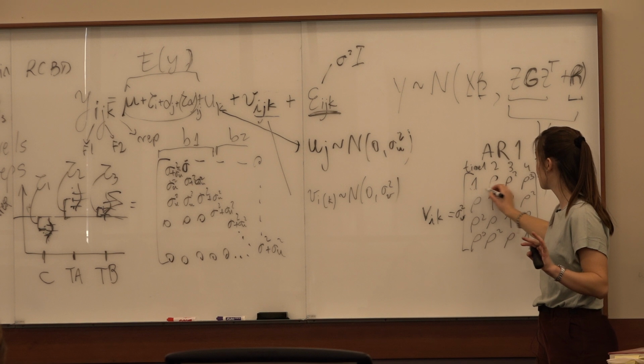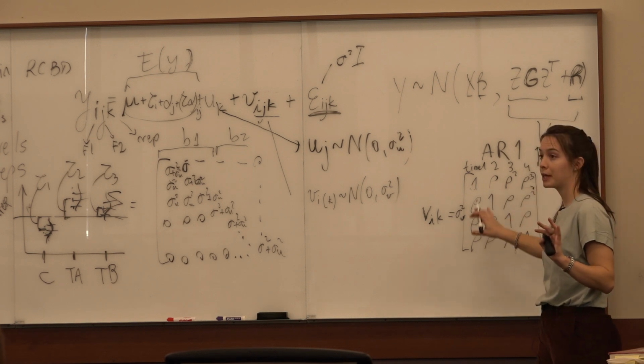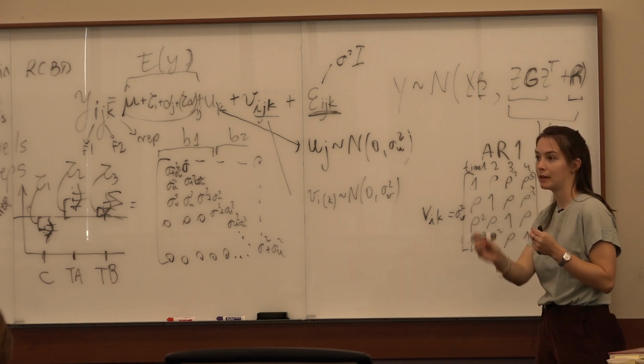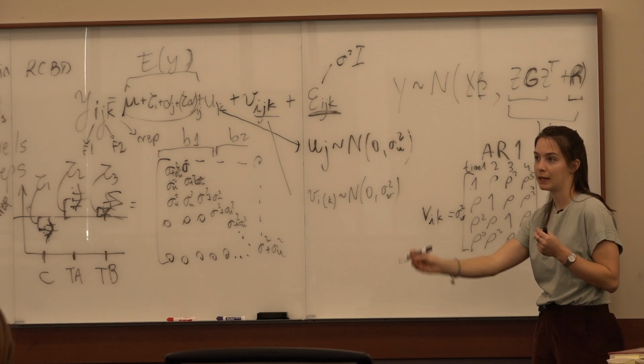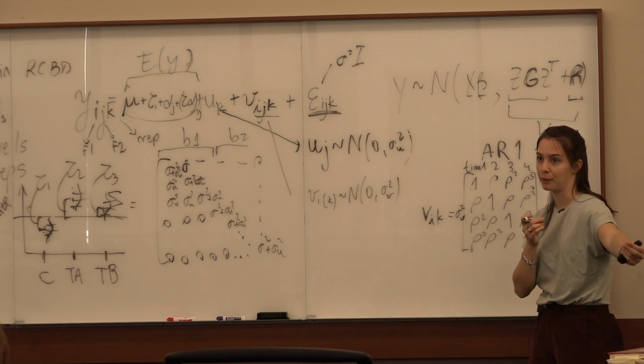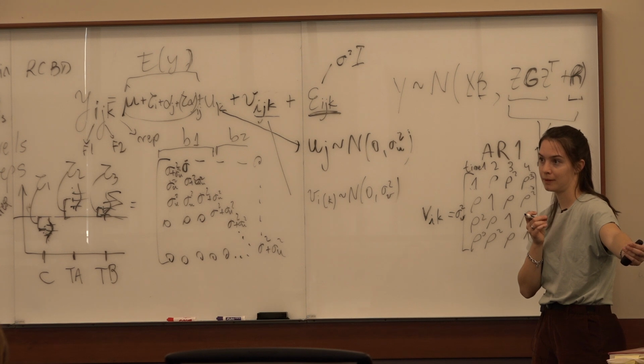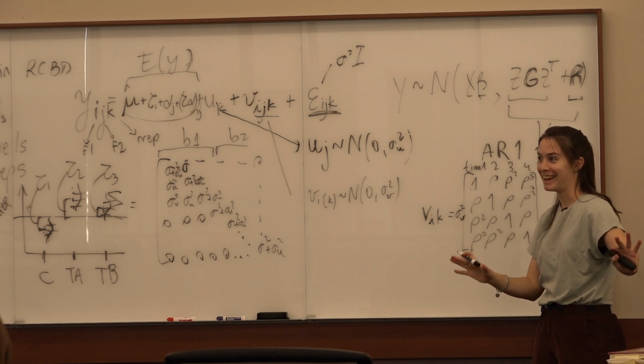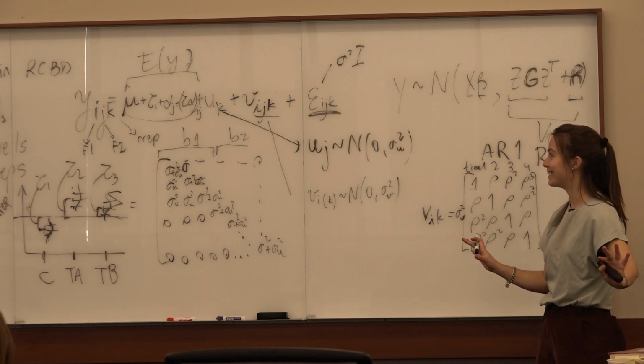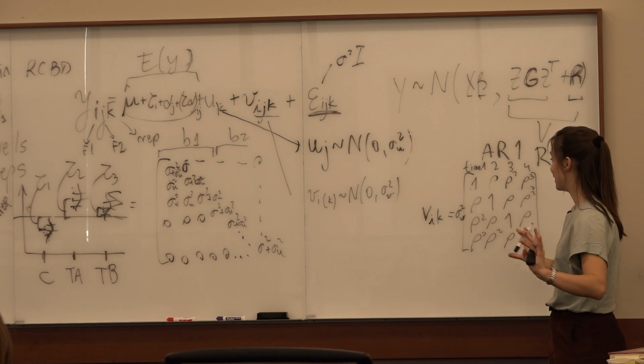And then as you go through time, they are correlated, but they are less correlated every time you go further away in time. We're going to have a break in 5 minutes.